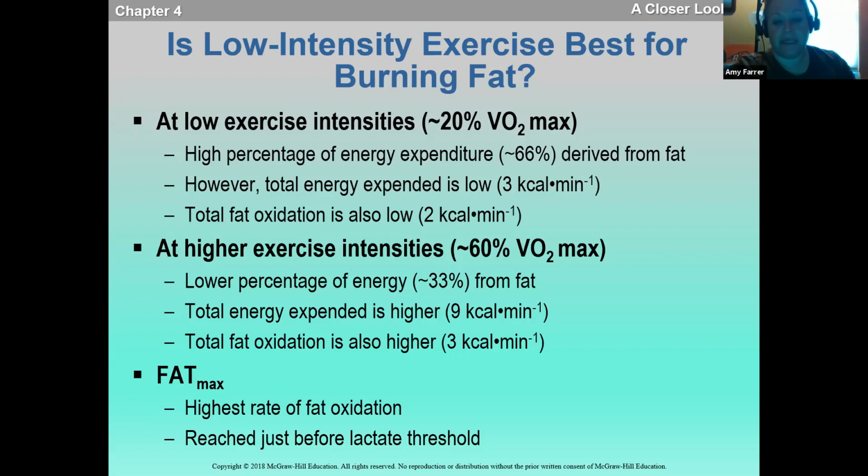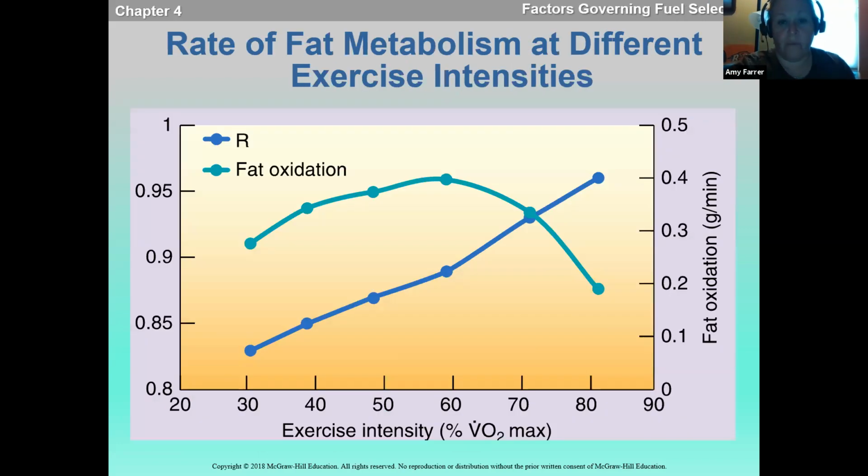In untrained subjects, that's going to be around 50 to 60% of VO2 max. That's the sweet spot that is going to give us the most fat oxidation. Once we go over 60, we're going to see it fall off pretty quick because carbs are going to step in. But still, we want to maintain time at that 50 to 60% VO2 max.